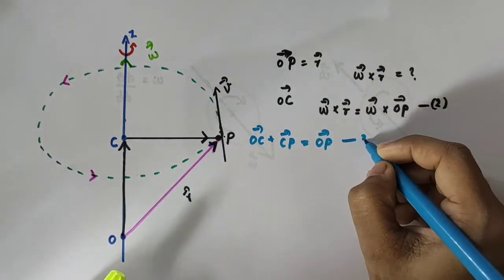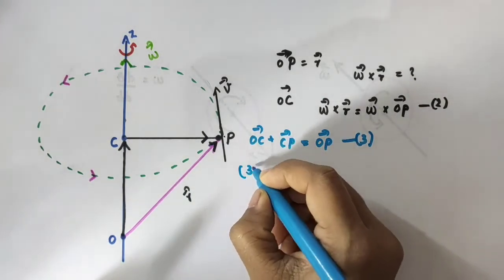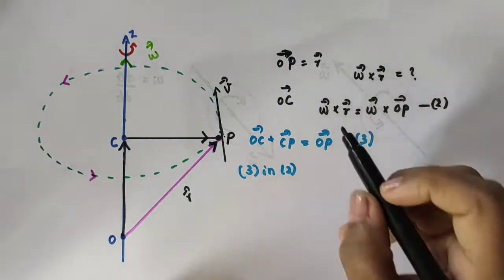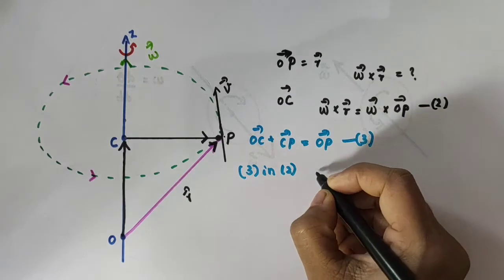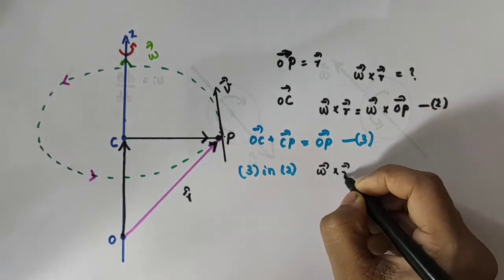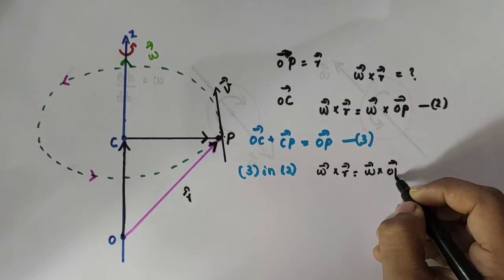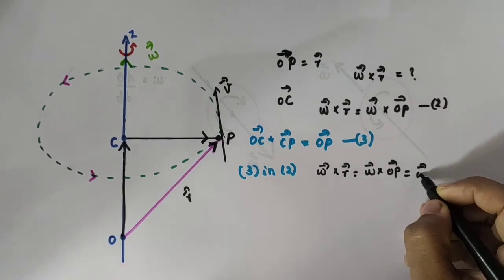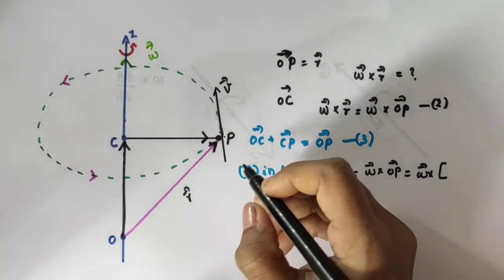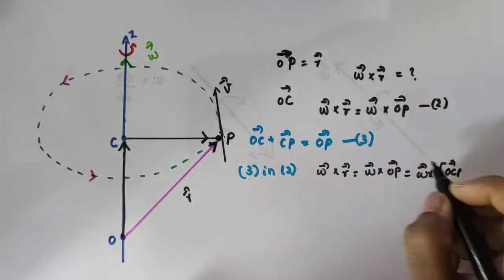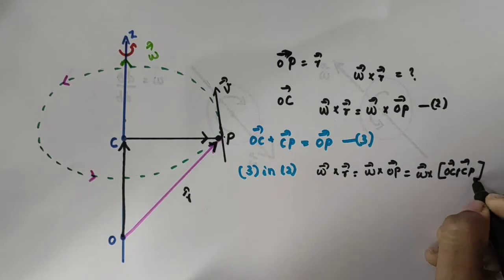I am taking this as equation number 3 and I am going to apply this equation number 3 in equation number 2. So vector omega cross vector R is equal to vector omega cross vector OP, which can be written as vector OC plus vector CP.